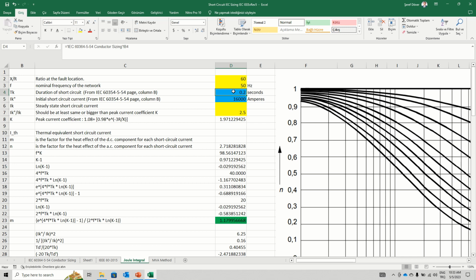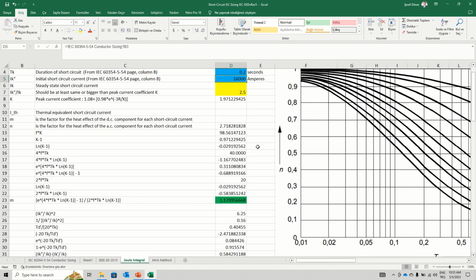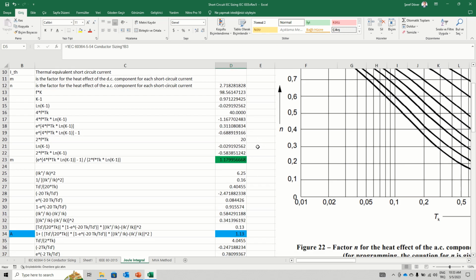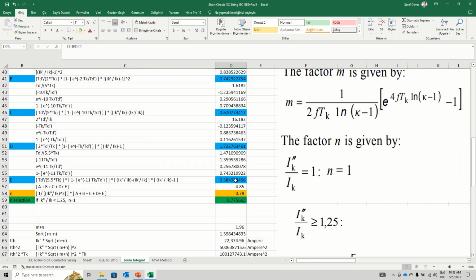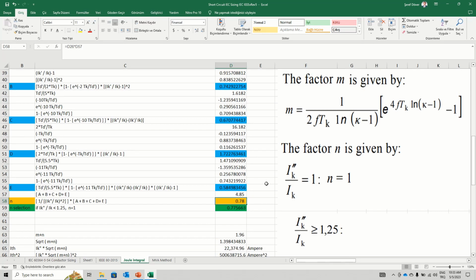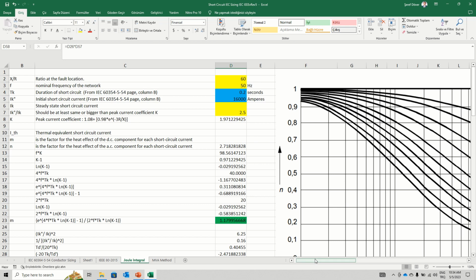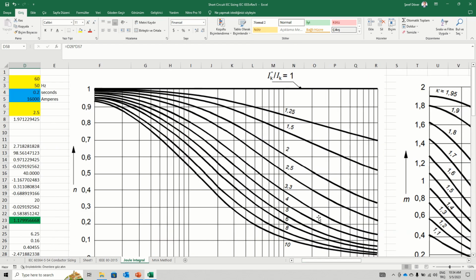It directly comes from the first page, the conductor sizing page, and short circuit level. Let's firstly look at the M and N values. M is calculated here, 1.17 something, and N is calculated here in orange, 0.75.